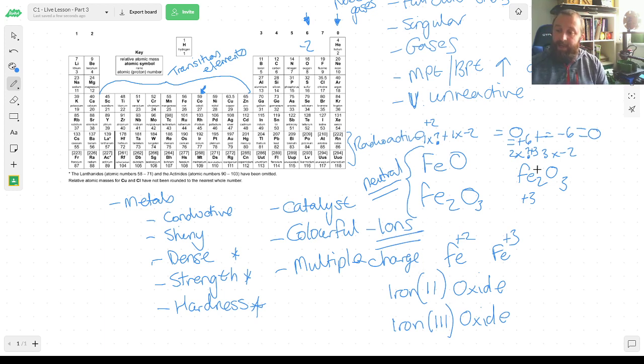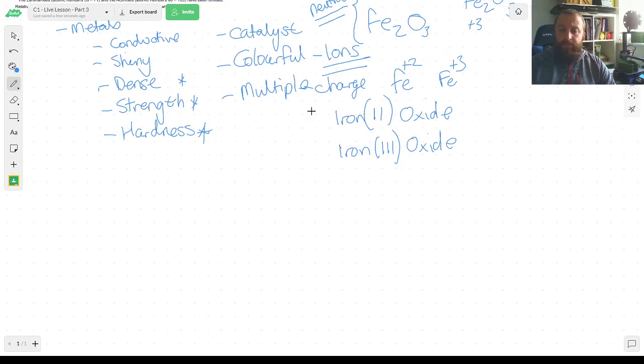So if you haven't been given the molecular structure, but you are given something like this, they've given you the charge in the brackets in Roman numerals. Okay? So hopefully that makes sense and that's clear, but you should be expected to be able to do that one.